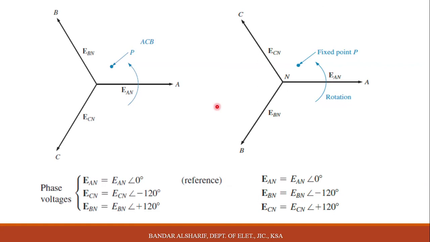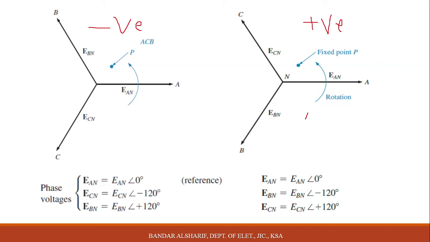Here we will talk about positive sequence and negative sequence. This is called positive sequence and this negative. How to distinguish between positive sequence and negative sequence? If you put a fixed point here and rotate your vectors counterclockwise, who will cut the point first? It will be cut by EAN first, then EBN second, and then ECN will come here.